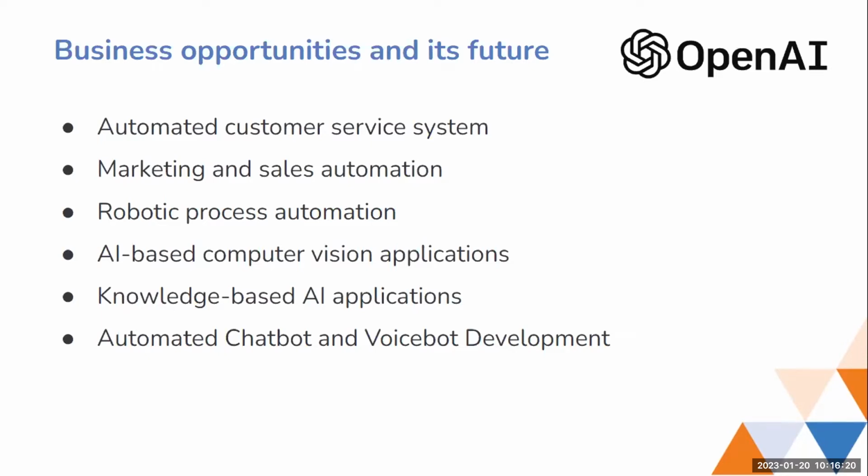AI-based computer vision applications, knowledge-based AI applications. So it helps in decision making as well. For example, we have a query, let's say a specific requirement from a client, or somebody wants to convert their business into a software.